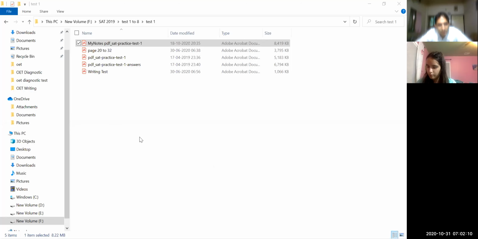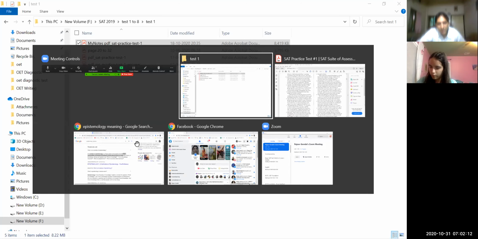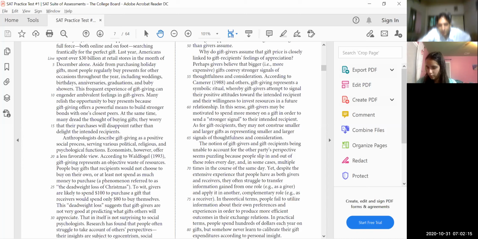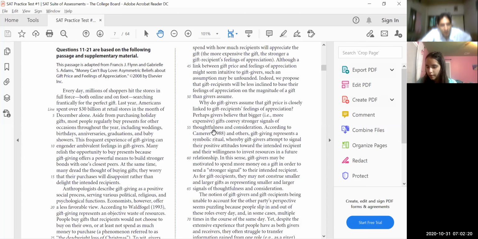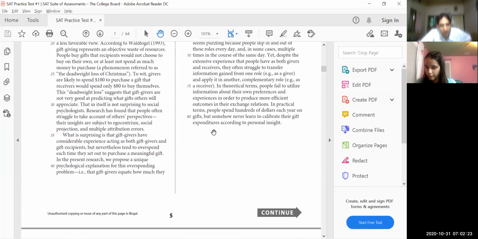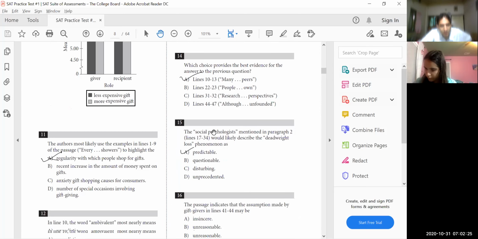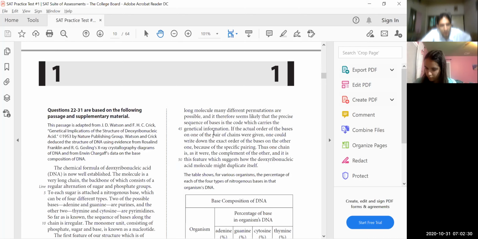Let me just share the screen once again. I'll take another 2 minutes, I think, and we will be done. Can you see the passage now? So this is not the science passage. From test one, I want you to do questions 22 to 31.